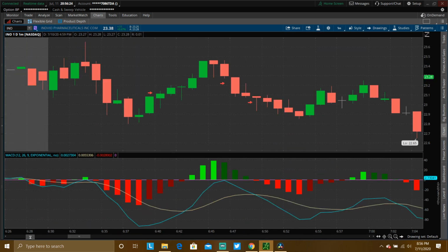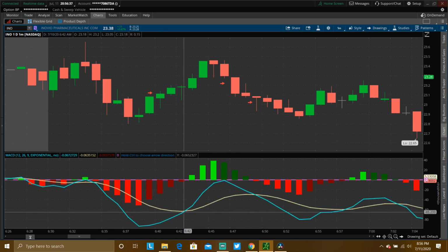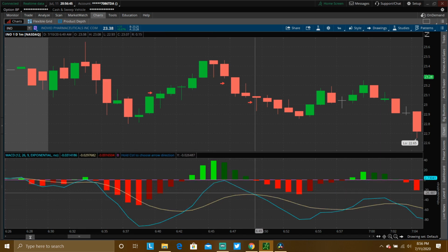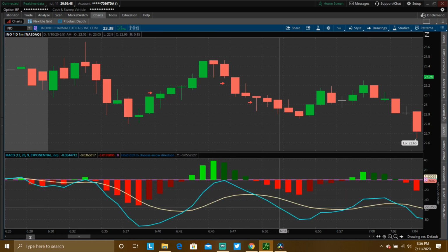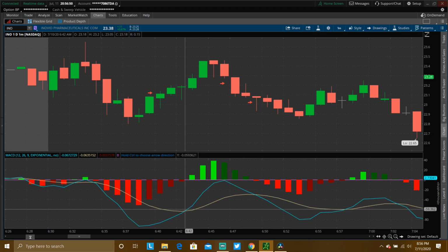Another example, just to drive home the point, would be the chart I&O on Friday, July 10th. And you can see here that if you were to follow the main rule, I guess, is to buy when the MACD line goes above and sell when it goes below the signal line, you'll see that you end up buying it at about, let's see, 23.18, and if you sell when it goes below, you'll be selling at 23.08.